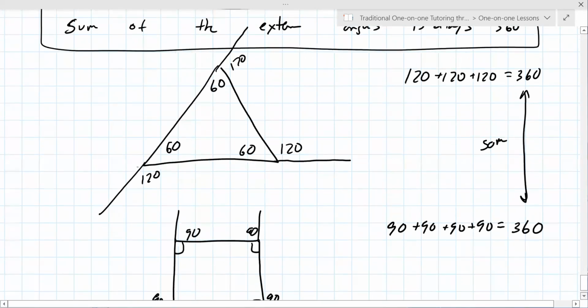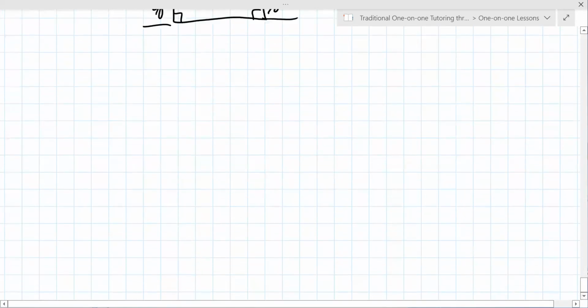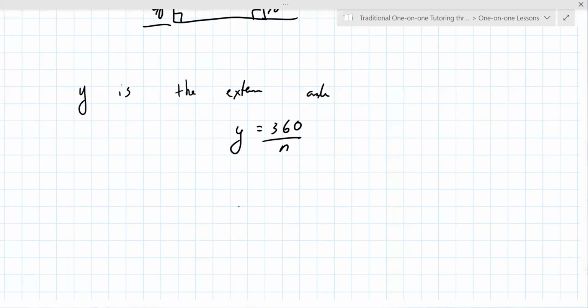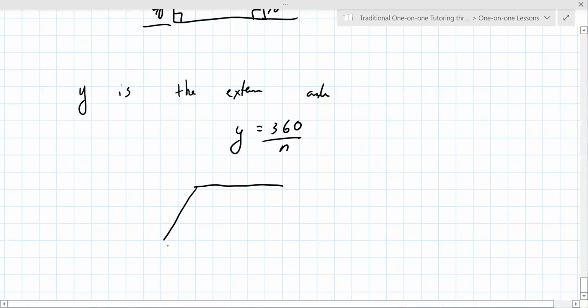Now, to actually find that exterior angle, let's call it y. Y is the exterior angle. The formula is 360 over the number of sides. Remember how we were just looking at a hexagon and we said all the angles were 120?